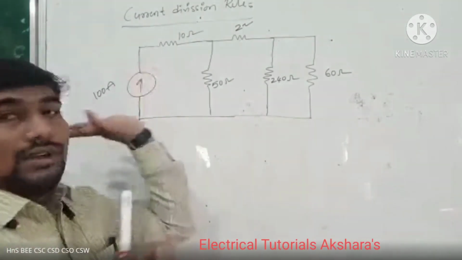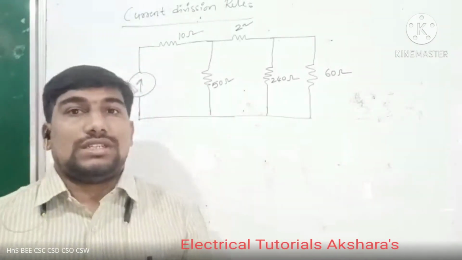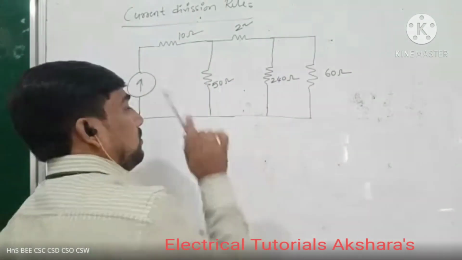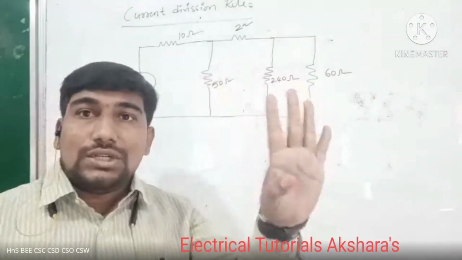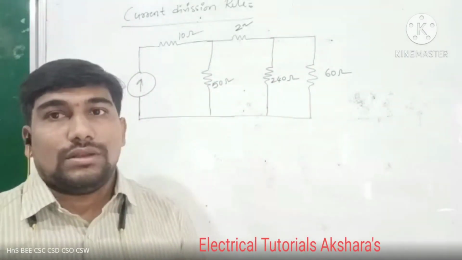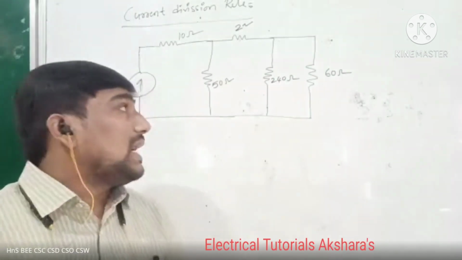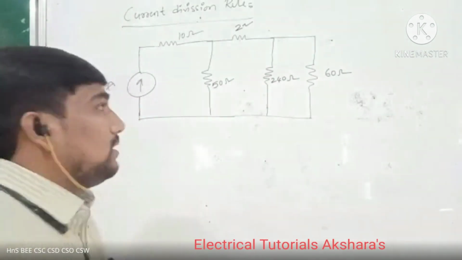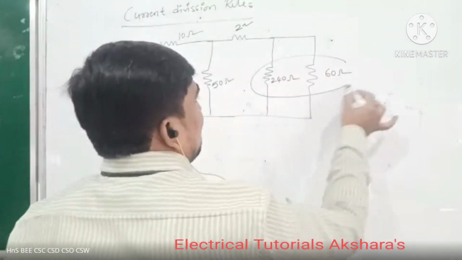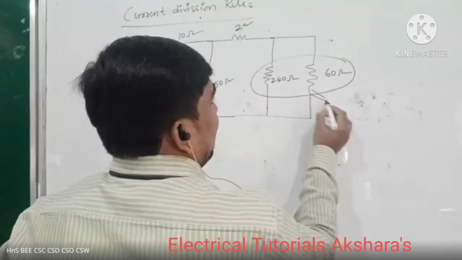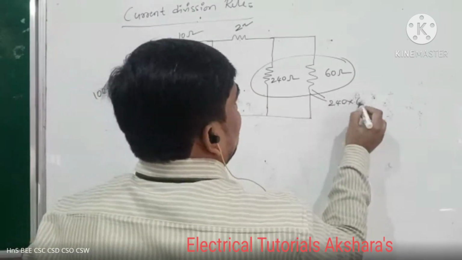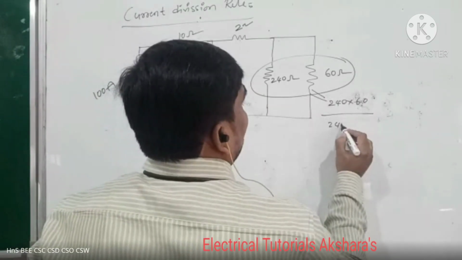Now it is finished. Now coming to the next 4 resistors: 1, 2, 3, 4. Those 4 resistors are converted into 2 resistors first, to apply the current division rule. These two are in parallel connection. Then we get 240 into 60 by 240 plus 60.